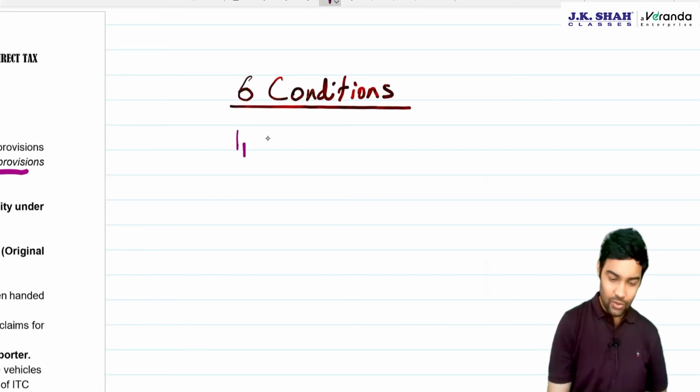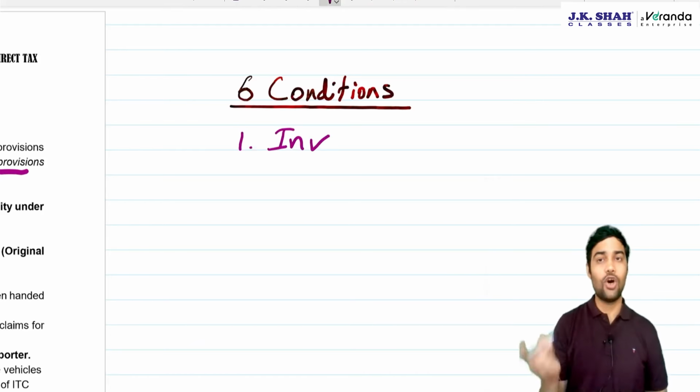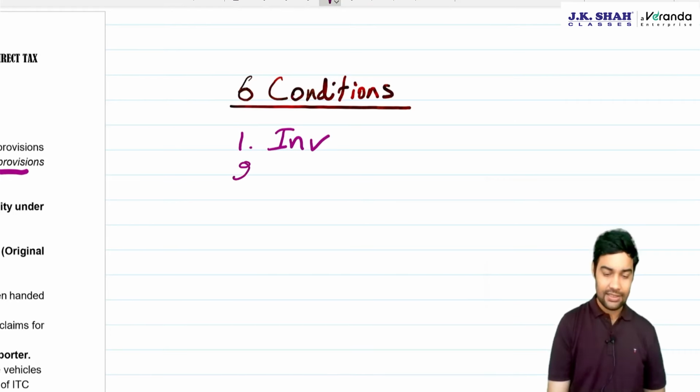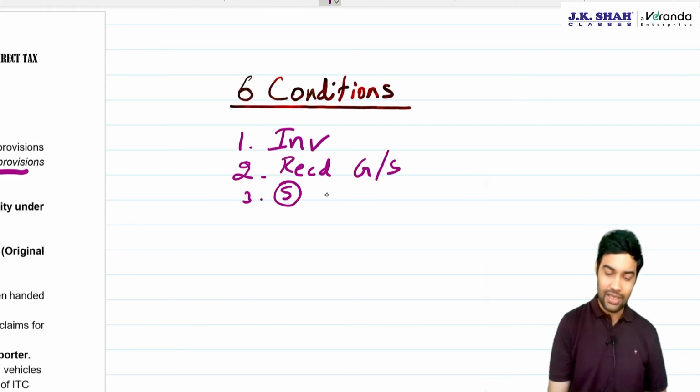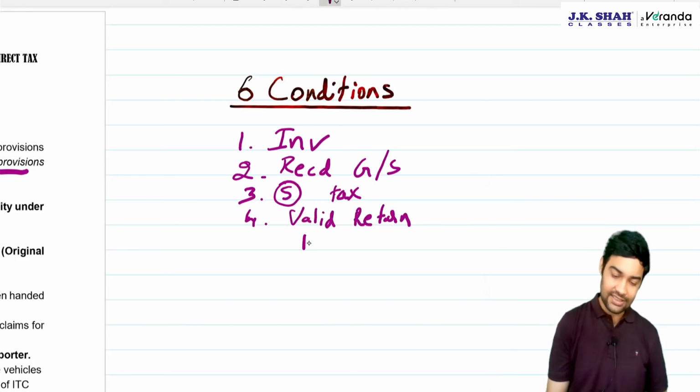First, you have the invoice, debit note, or tax payment document. Second, you have received the goods or services. Third, supplier has paid the tax to government subject to section 41. Fourth, you have filed a valid return. Fifth, supplier has filed GSTR 1 and it is reported in GSTR 2B.